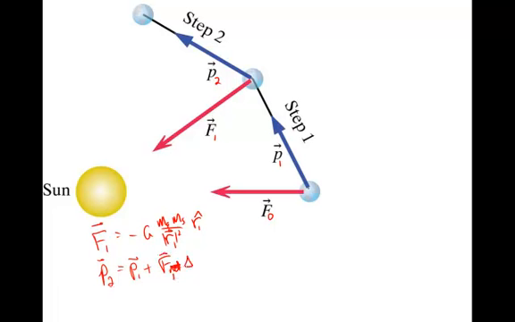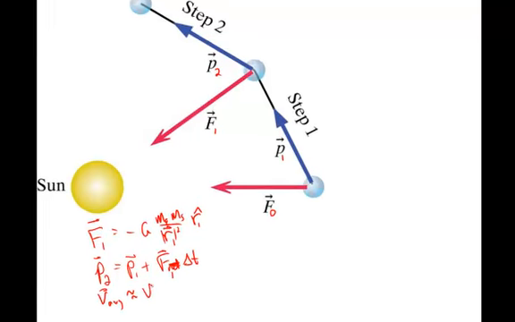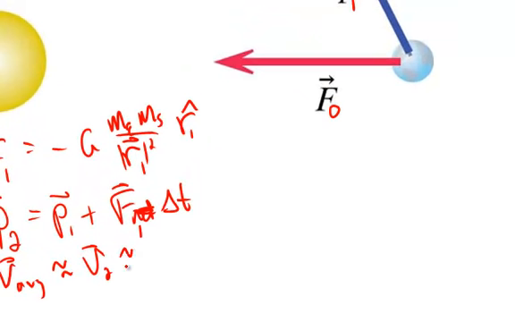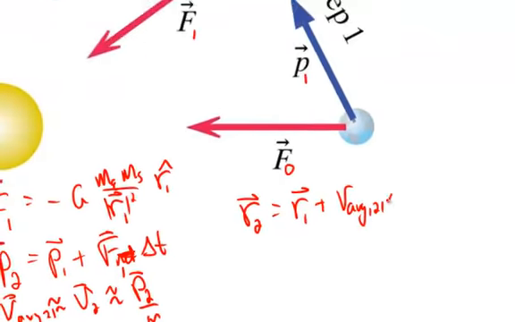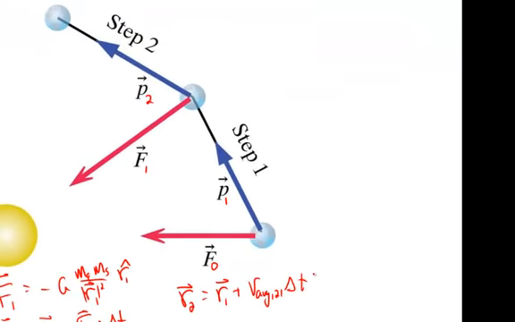My V average is approximately equal to V2, which in the low speed approximation is P2 over M. And then finally R2 is equal to R1 plus V average 2,1, which is this guy right here, times delta T, and that gives me my next position.